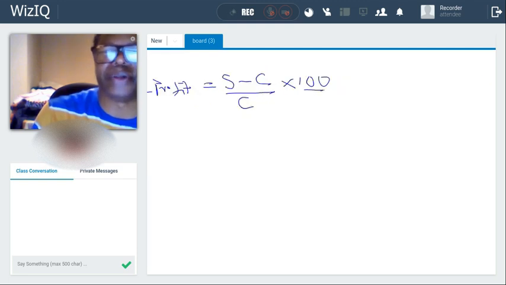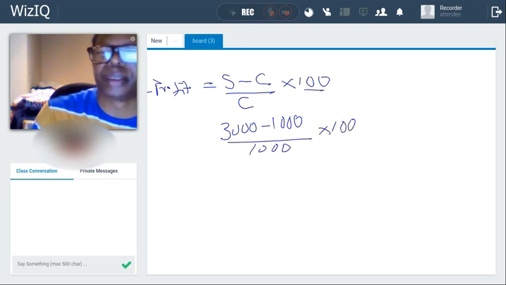So this is going to be 3,000 minus 1,000, and then divided by 1,000 multiplied by 100. So I'm going to have 2,000, divided by 1,000, multiplied by 100.